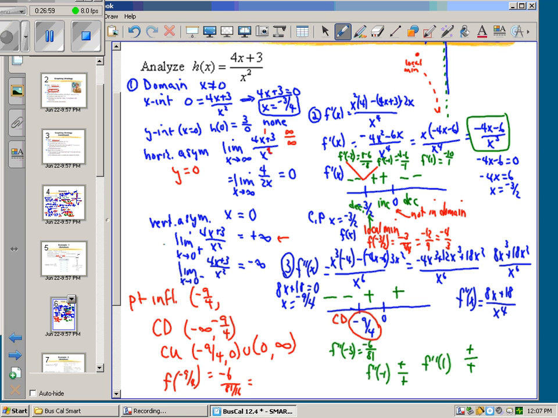So when we invert it, we're going to get negative 96 over 81, which does reduce. We'll be able to divide everything by 3. So negative 32 over 27, and that does not reduce. So this point of inflection will be negative 9/4, negative 32 over 27. So we'll put that on the graph.